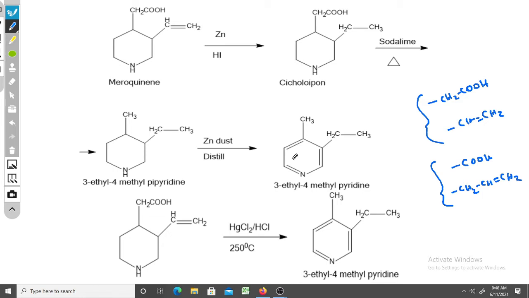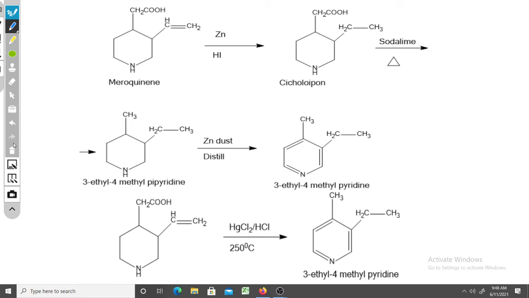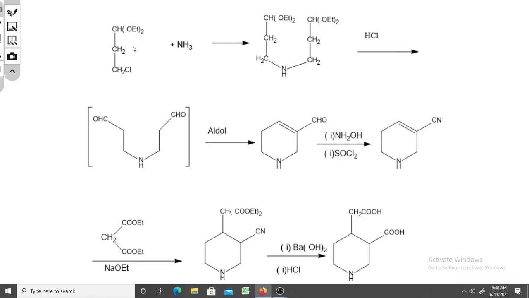Okay. So the combination will be CH2COOH and CH double bond CH2. This is the right one. So the structure of meroquinine is also confirmed by synthesis. So now we are going to see the synthesis of meroquinine.